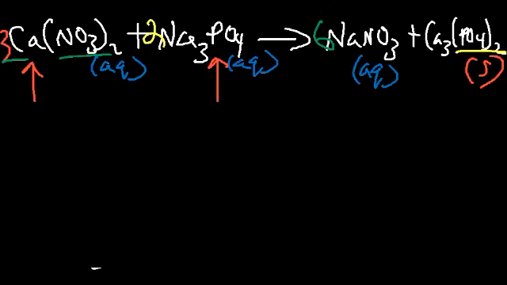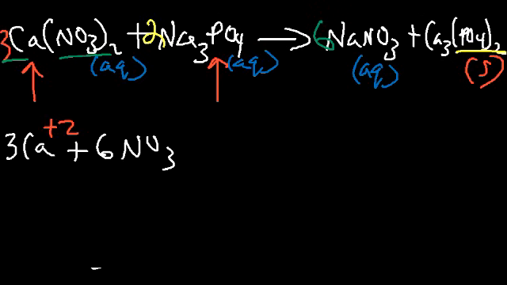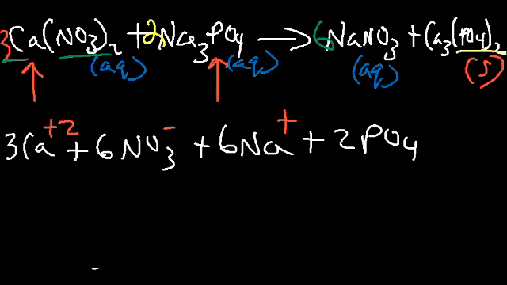So now let's write the total ionic equation. We have 3 calcium 2+ ions in calcium nitrate, and we have 6 nitrate ions. In sodium phosphate, we have 6 Na+ ions, and we have 2 phosphate ions.